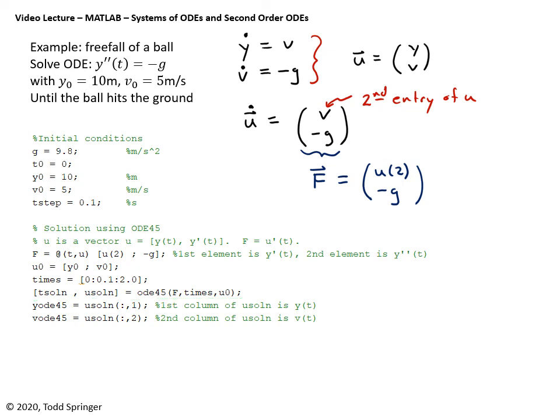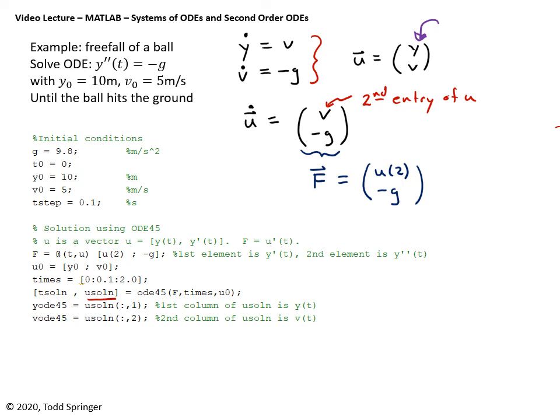Now remember that U solution here is a matrix. The first column is going to be the Y solution. So again, U is this vector here, so U is a matrix. The first column of U is going to be Y, so I'm going to have a list of y points, and the second column of U is going to be v.